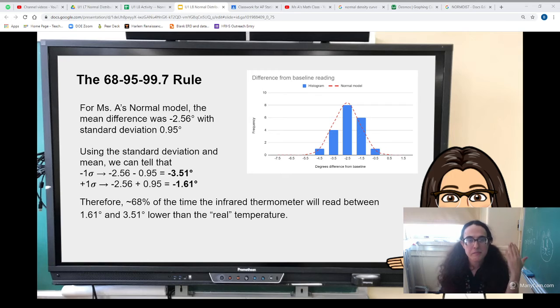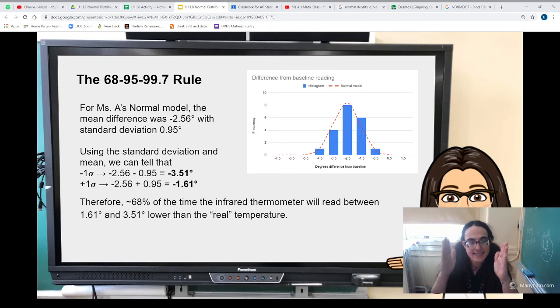So Miss A presses forward, right? She makes her normal model. And she starts with the -1 and +1 sigmas. So she does her calculation. If you go 1 standard deviation below the mean, we get a difference of -3.51 degrees. And if you go up above the mean by 1 standard deviation, we get negative 1.61 degrees.